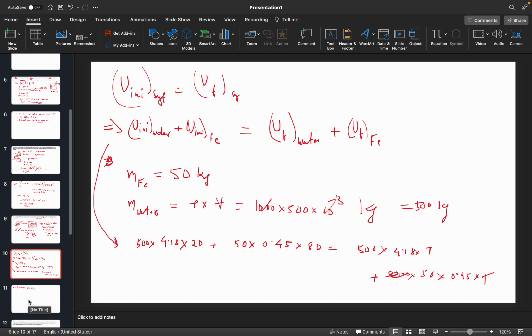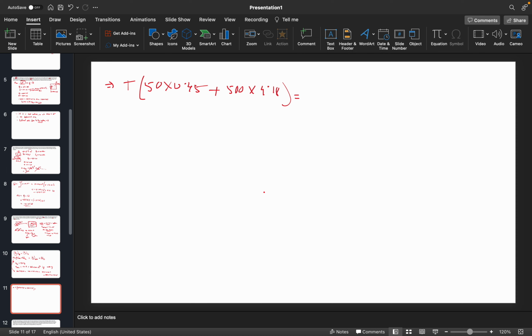500 into 4.18 into 20 gives 41800, and then next, 50 into 0.45 into 80 gives 1800.